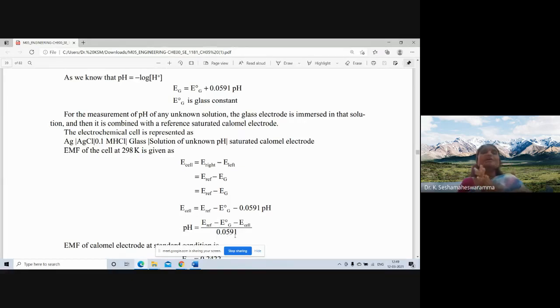So the pH of the unknown solution we can determine by this equation.